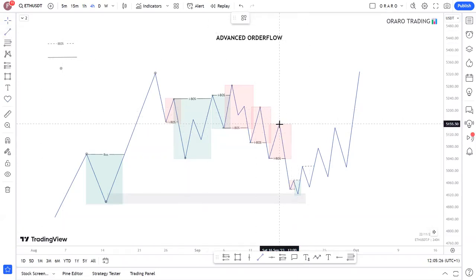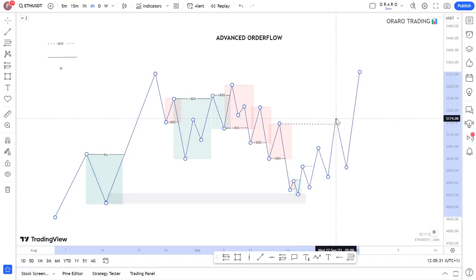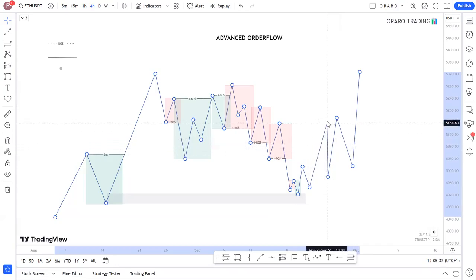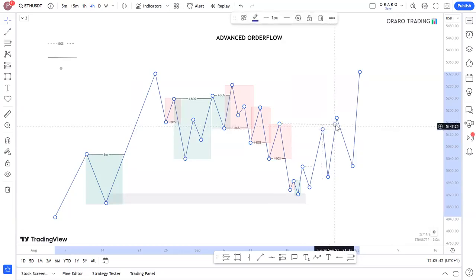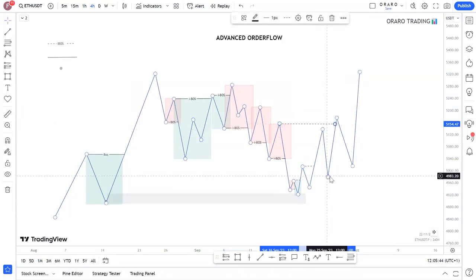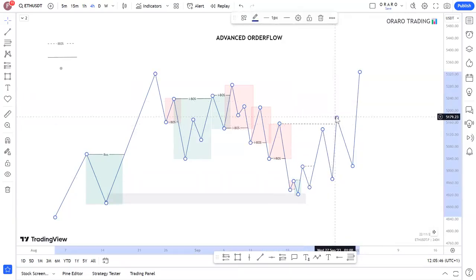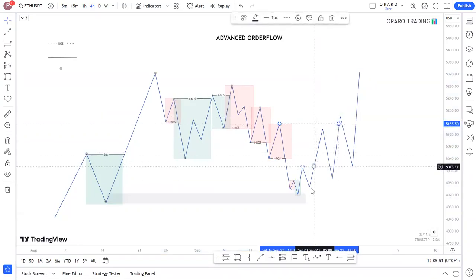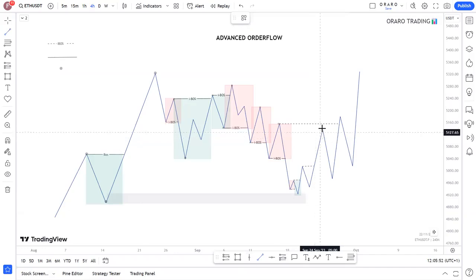So all these structures just continue the movement to the upside.